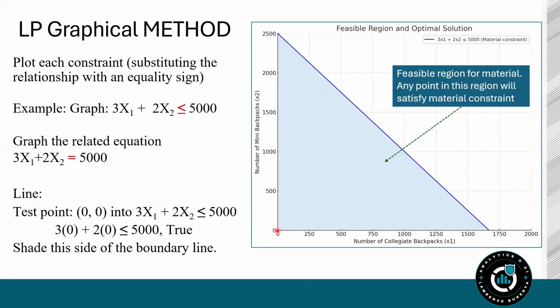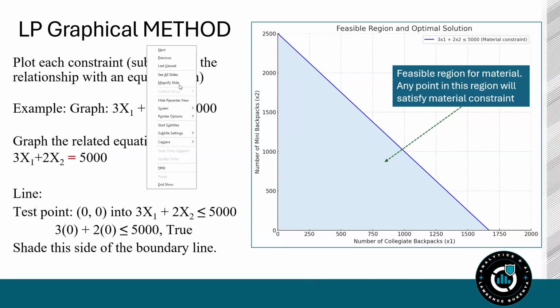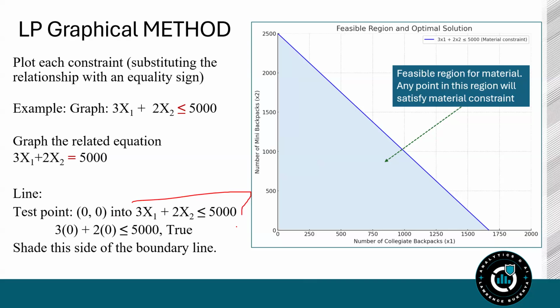It's always easy to pick 0, 0 and put it in the original equation. In this case, you put it in this equation. So 3 times 0 plus 2 times 0, we know the answer is 0, which is less than 5,000. That means the side where we pick that point is needed, and you shade that side, as you can see.